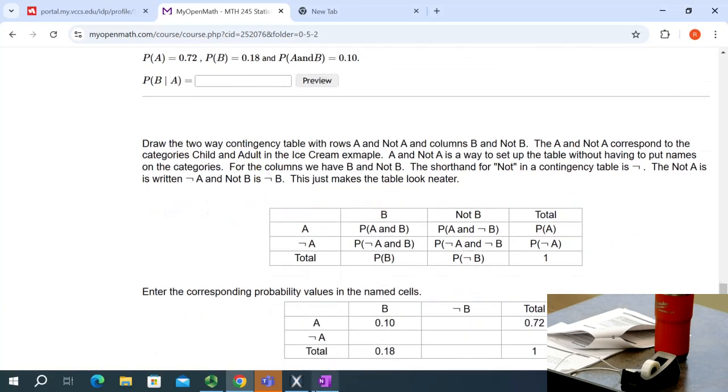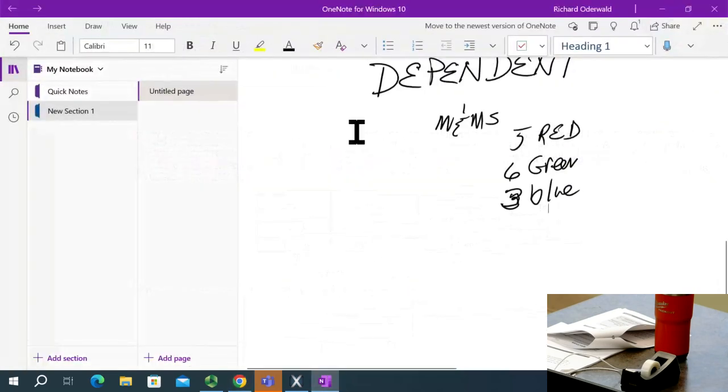This is kind of the setup for a probability distribution.